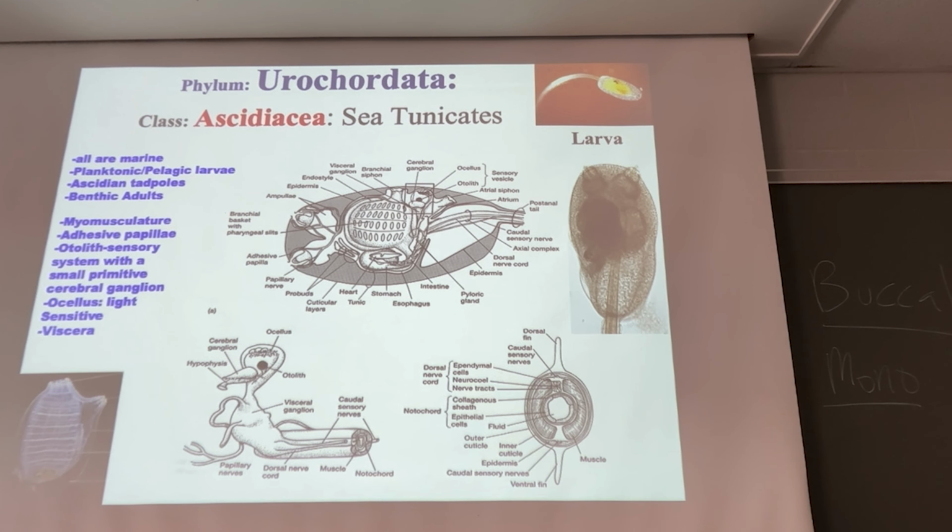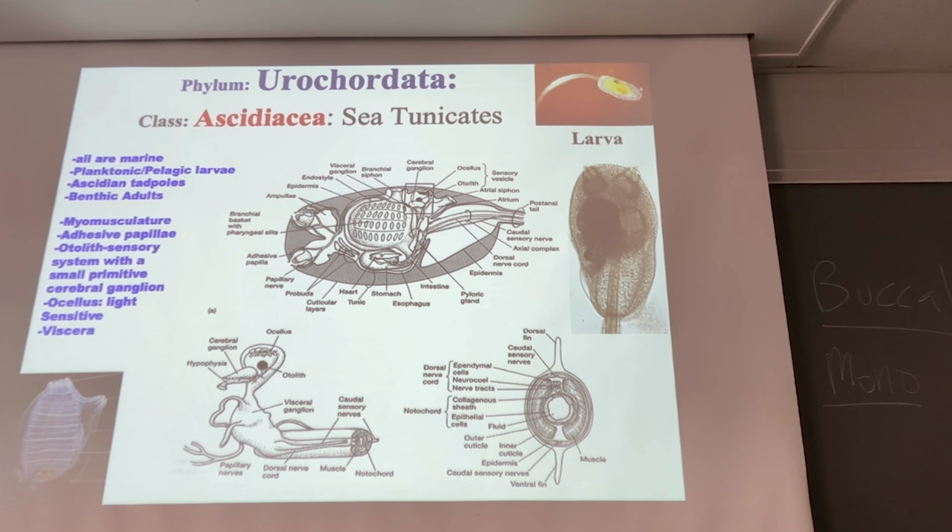So you'll see in the skin, dermal papillae, or the papillary region of the skin, are these little nipple-shaped structures found under the skin. The same thing here. These are called adhesive papillae. And what they're going to do is suction cup this guy to the substrate when they decide it's time to become an adult.